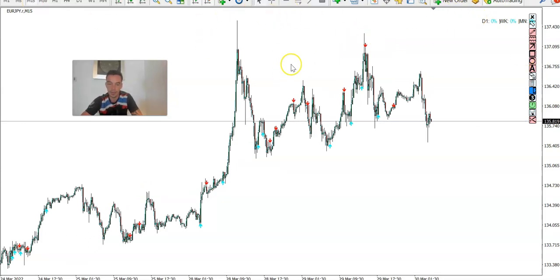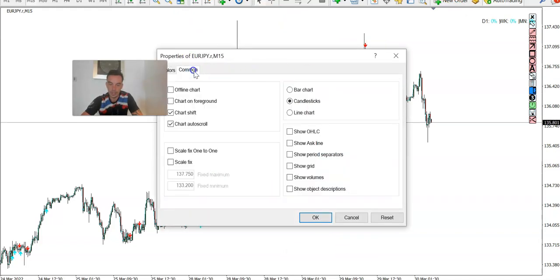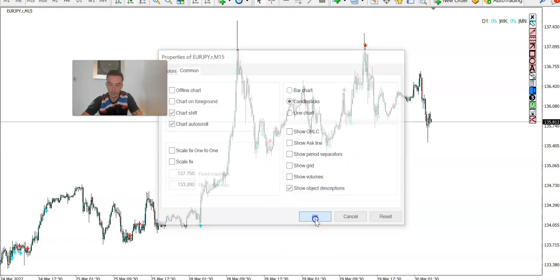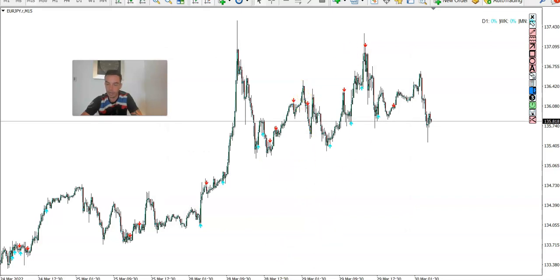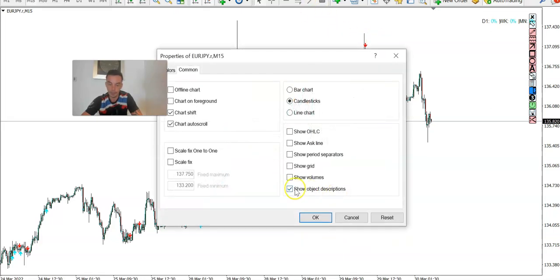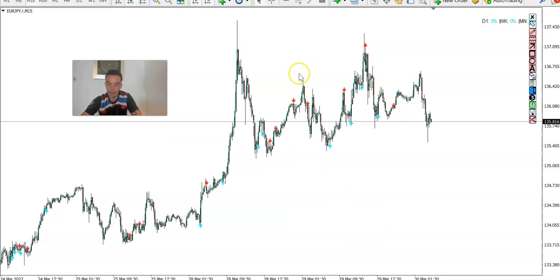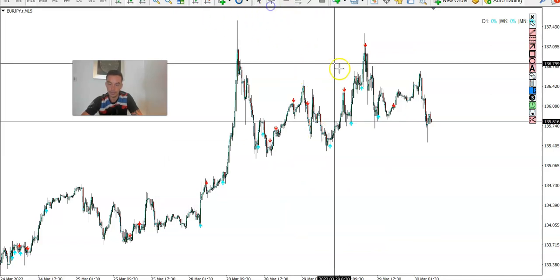Okay, so I'll stick the period separators in here. The trading level, we were looking for trades above 136.4. Any trade that happened after it, we were looking to enter.